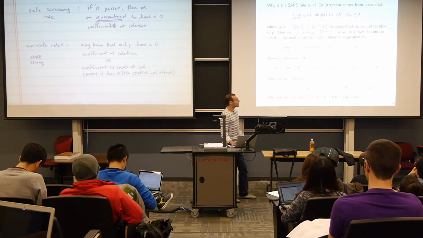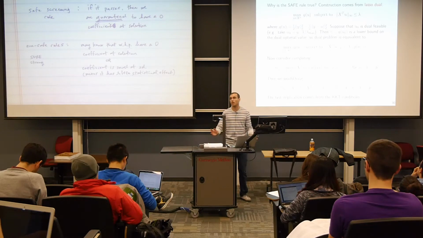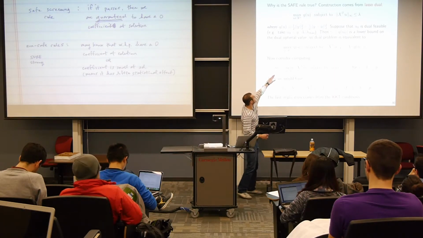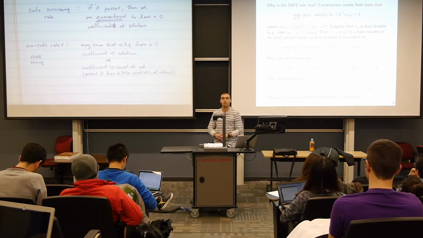If mi was smaller than lambda, so if staying within this constraint set, I can only make, let's just say, x1 transpose u at most lambda over 2, in absolute value, then certainly at the solution, at the optimal criterion value, I must have x1 transpose u being at most lambda over 2.